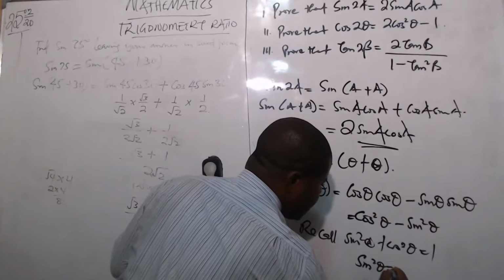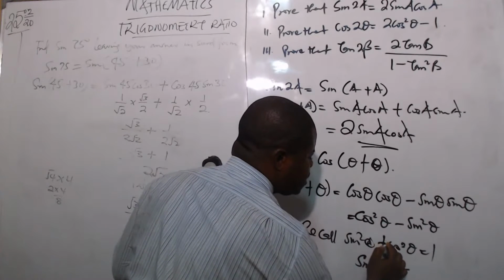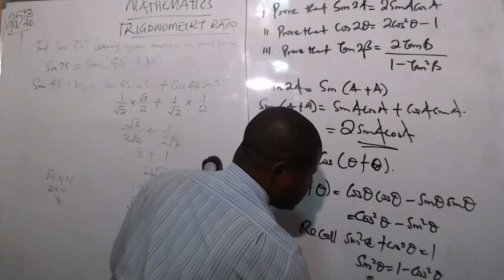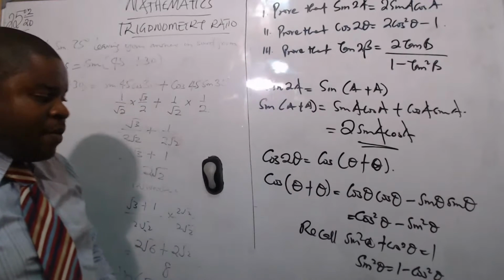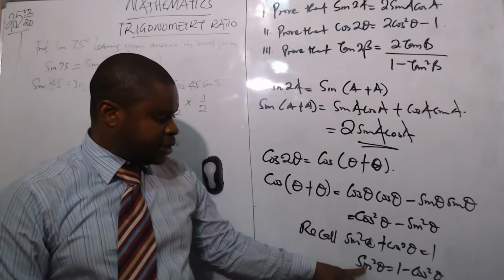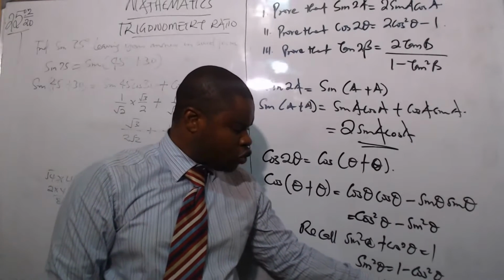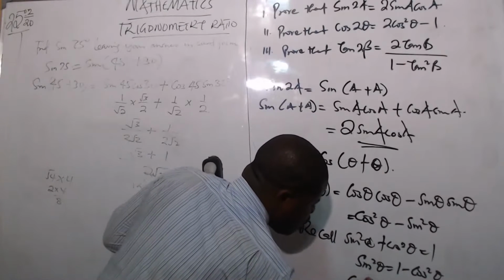So we now say sine square theta is 1 minus cos square theta. I'm transferring this plus cos square theta to this side. So sine square theta equals this. Anywhere I'm having sine square theta, I put 1 minus cos square theta.